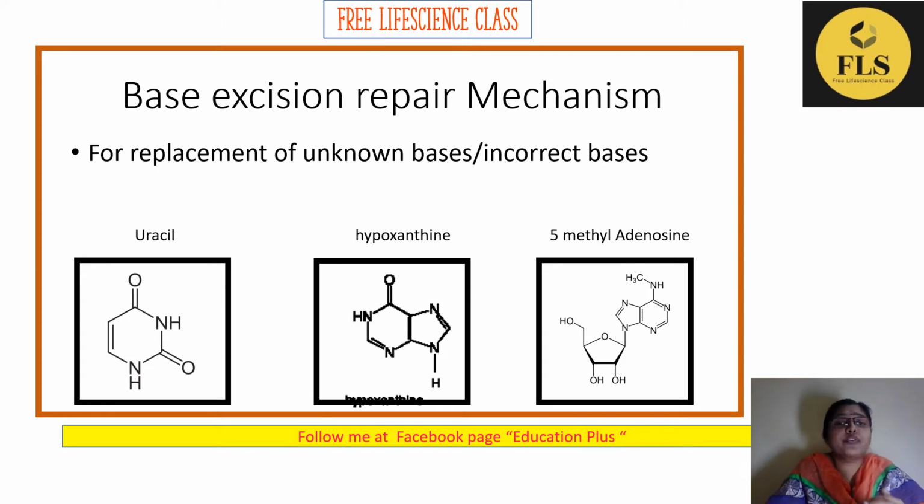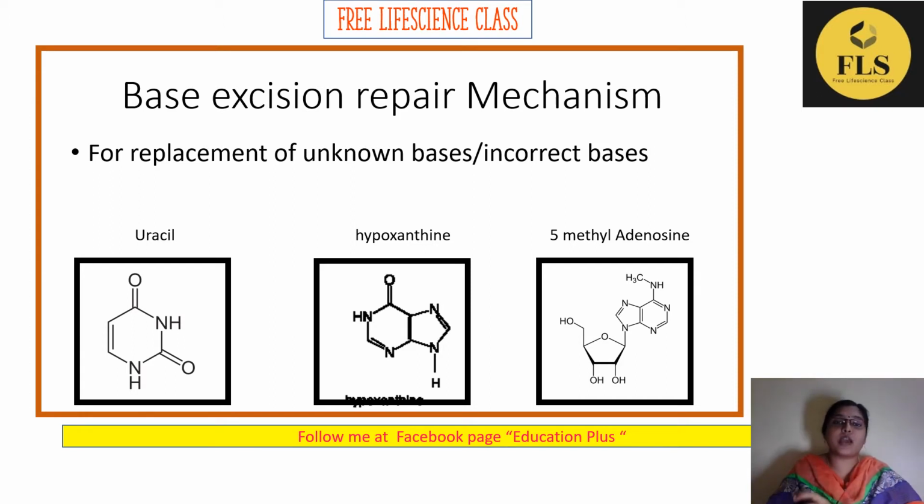So we have to remove these unusual or incorrect bases. Uracil is seen in RNA, where it is a correct base, but if it is seen in DNA, it is an unusual base, so we have to remove it.